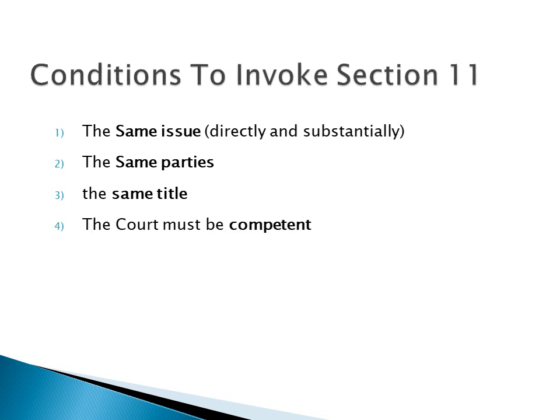The fourth condition is that the court which decided the former suit must be a court competent to try the subsequent suit or the suit in which such issue is subsequently raised. The fifth condition is that the matter directly and substantially in issue in the subsequent suit must have been heard and finally decided by the court in the former suit.